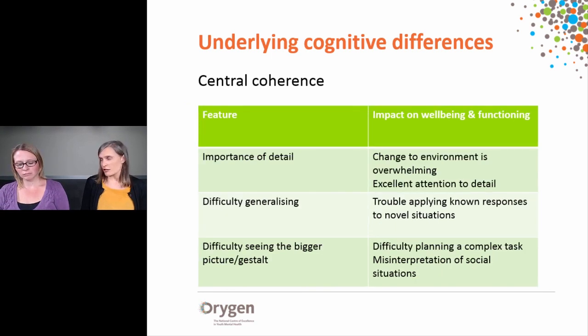We'll have a think about this idea of central coherence as well. So central coherence is our ability to integrate disparate pieces of information into a coherent whole. So if you have quite strong central coherence, that gives you the ability to comprehend and remember the gist of things.